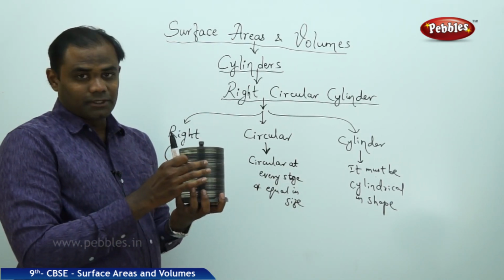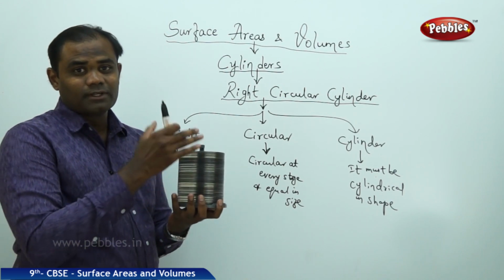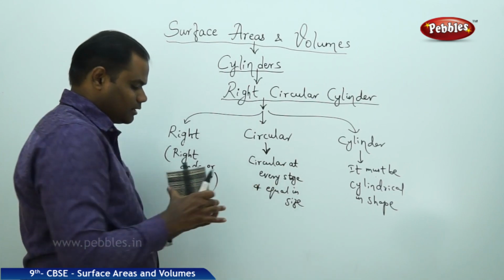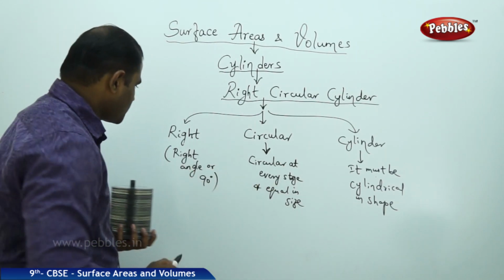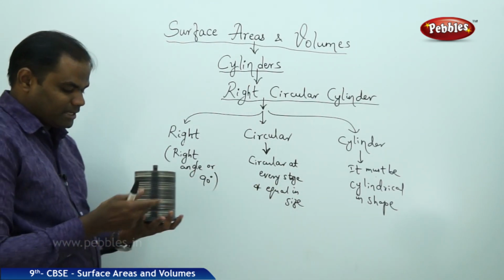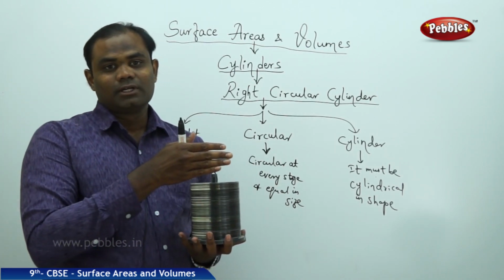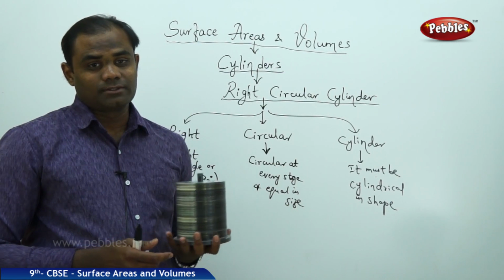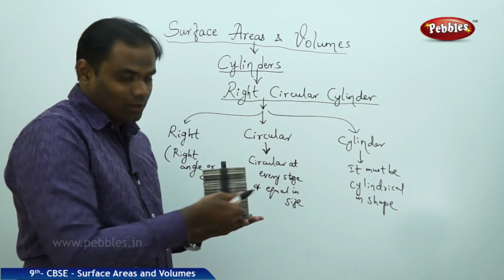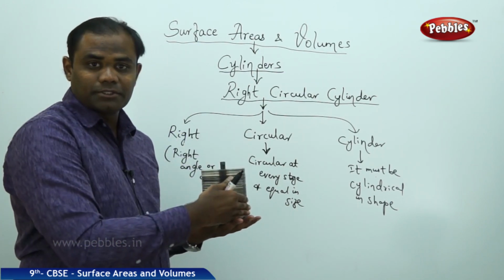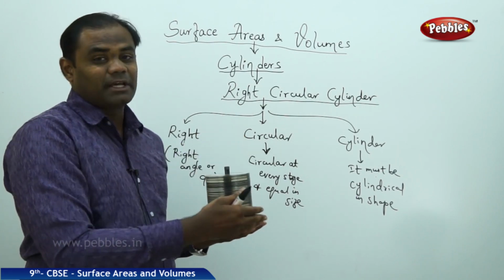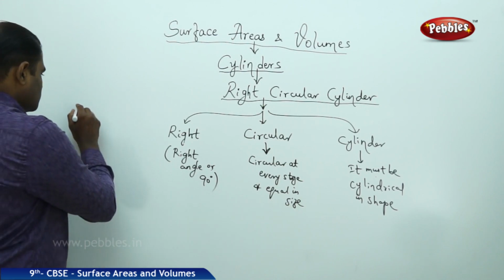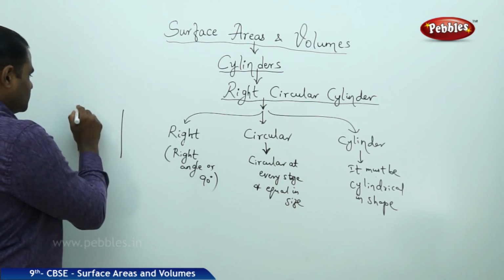I take a CD here or at any stage, they are equal in size. So it is circular at every stage and equal in size. Right means it must be exactly 90 degrees to the ground. If the cylinder is crooked, then we say it is not a right circular cylinder. The angle between the ground and the height at which the CDs rise must be 90 degrees. Right angle or 90 degrees is how we see a perfect cylinder.